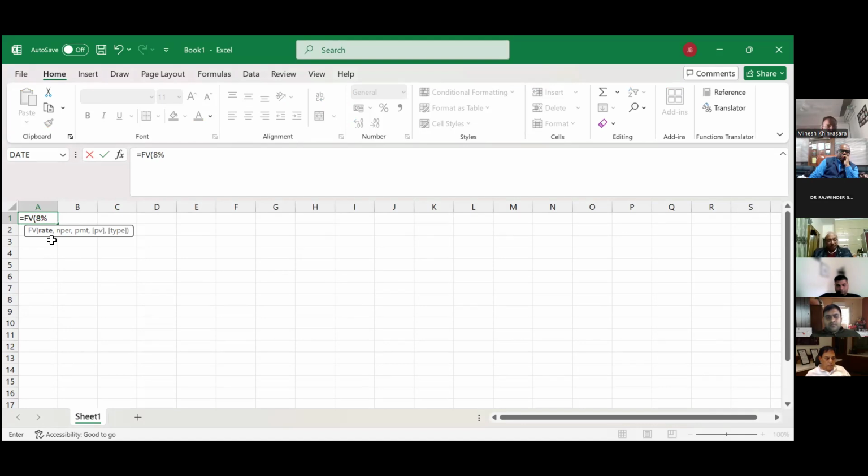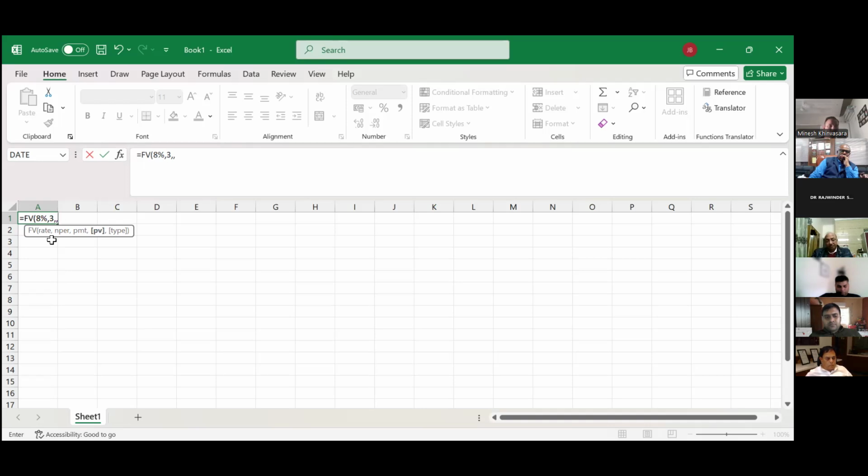Then NPER, it is number of years. It is 3 years. In the PMT, nothing is to be paid. If it is to be done every year, then you can put PMT. So simply a comma is to be placed for PMT, as nothing is to be filled here.